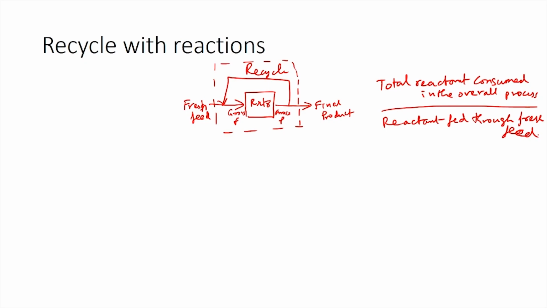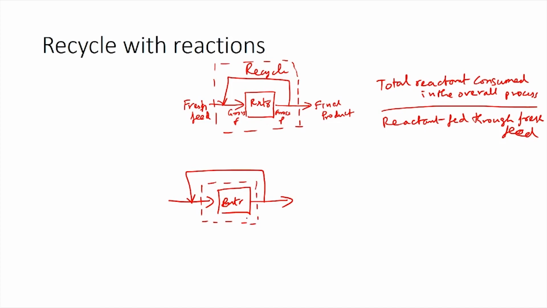The other conversion which we looked at was single pass or once through conversion. Let us again draw the similar process where you have a reactor and a fresh feed and a recycle feed mixing to form the gross feed. For the single pass or once through conversion, we are accounting for reactants which are passing through the reactor only once, which means the system chosen for studying would be the reactor alone.